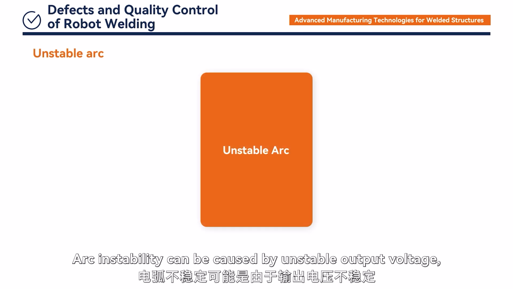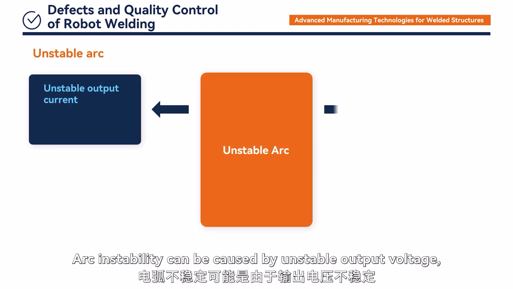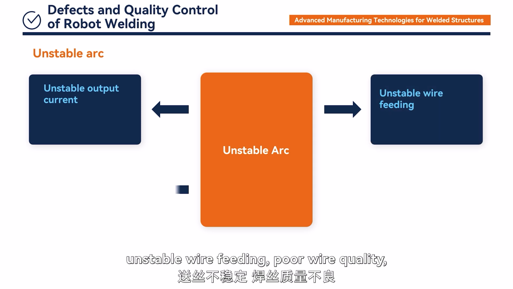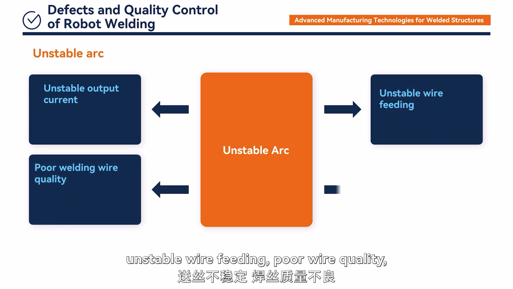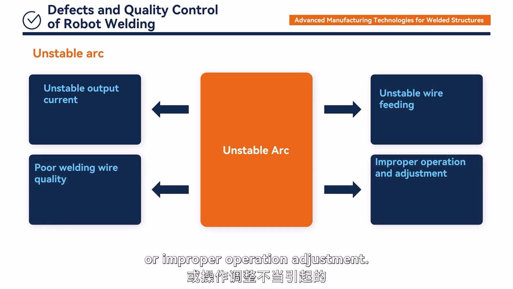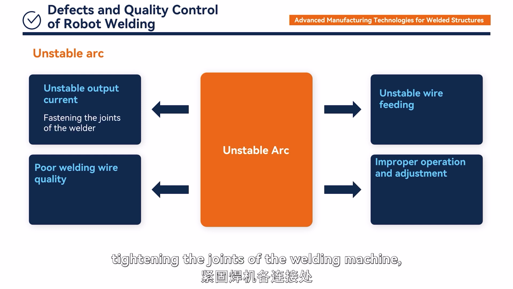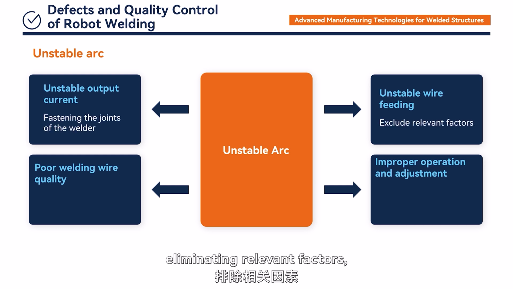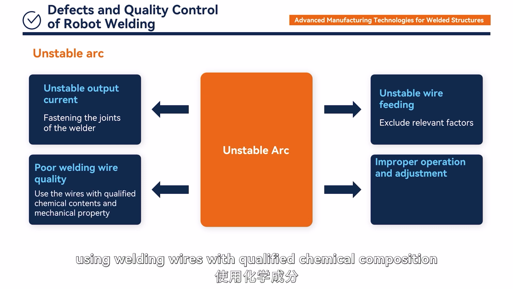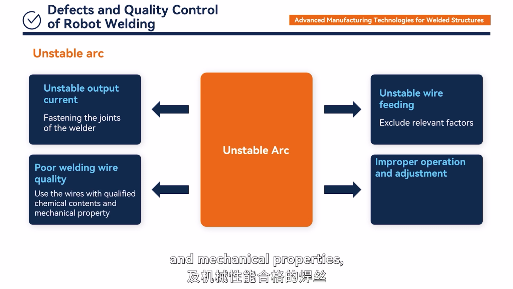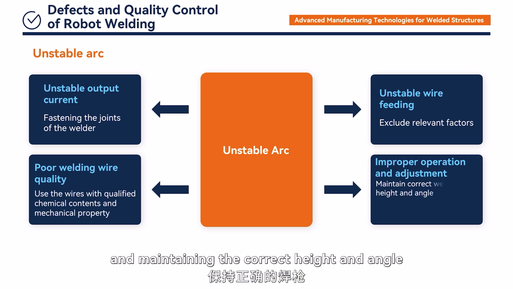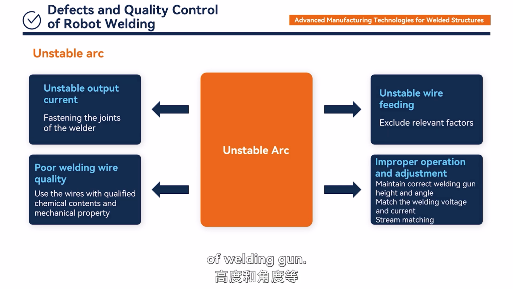Arc instability can be caused by unstable output voltage, unstable wire feeding, poor wire quality, or improper operation adjustment. Solutions include tightening the joints of the welding machine, eliminating relevant factors, using welding wires with qualified chemical composition and mechanical properties, and maintaining the correct height and angle of the welding gun.